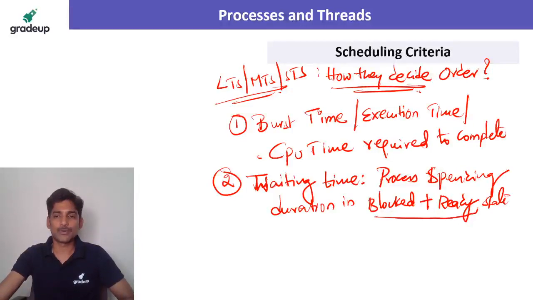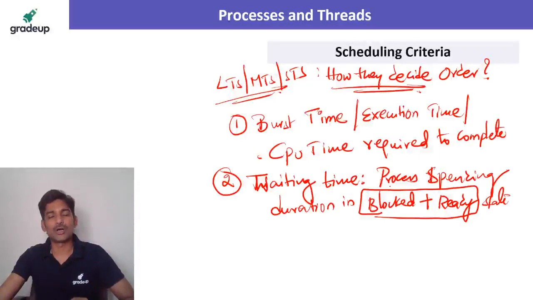How long the process is in the blocked state and ready state, both together. This is what we call waiting time.